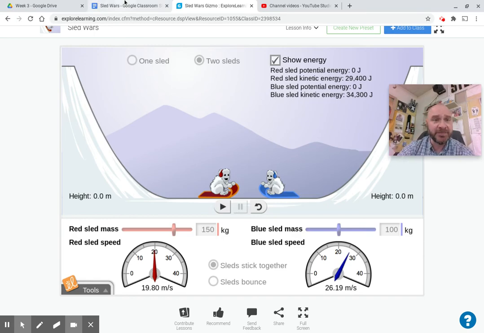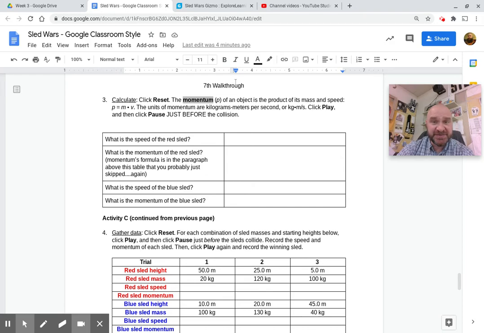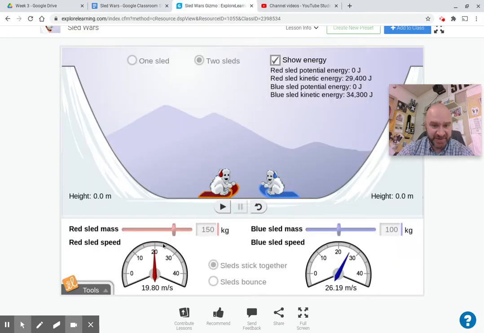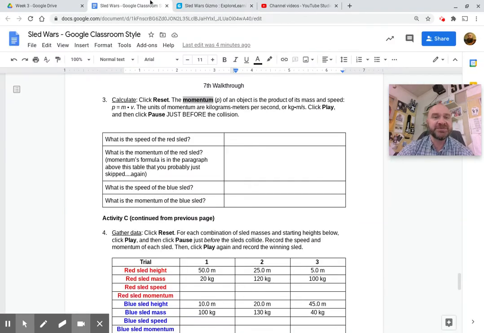All right, so what is the speed of the red sled? My speed is 19.8 meters per second. So I would type in 19.8 m/s, meters per second.